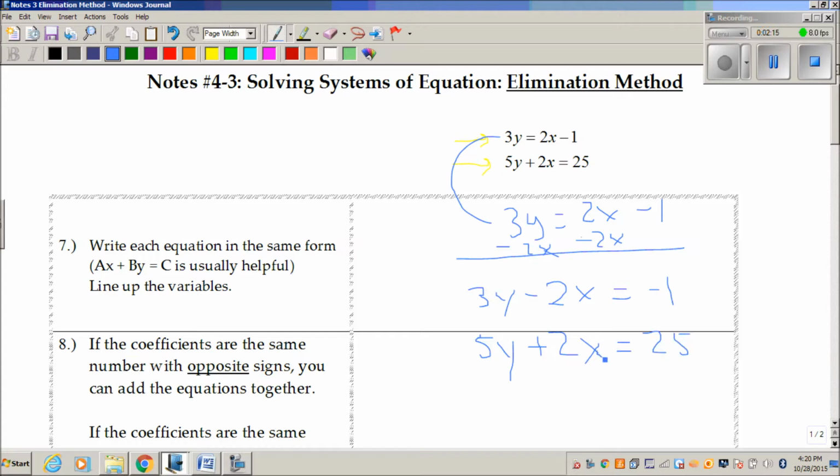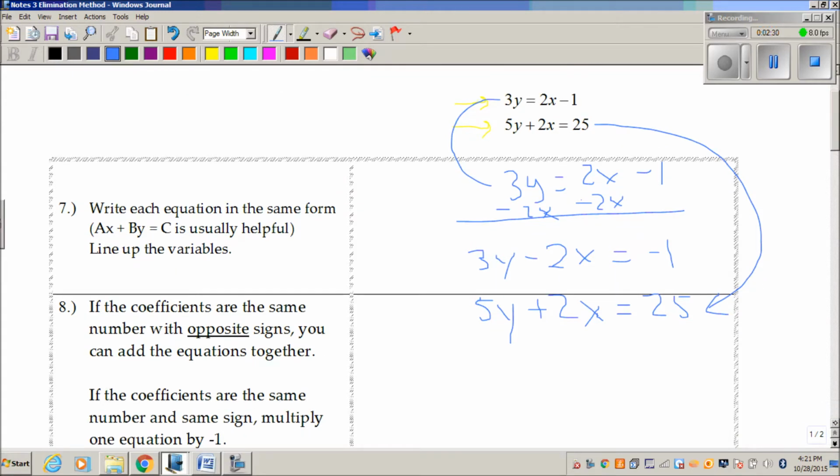Notice how my y's are lined up, my x's are lined up one above the other, the equal sign is lined up, and the constant is lined up. So everything is in the same order. Now, I want you to observe, if the coefficients are the same but with opposite signs, that's a very good thing. Notice how one has a negative 2x and the other has a positive 2x.